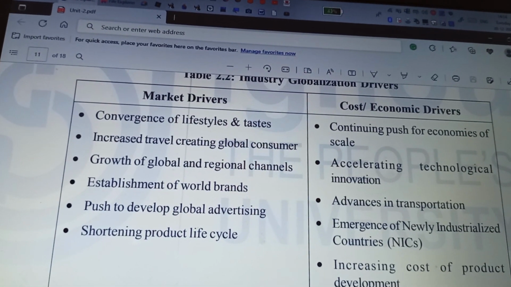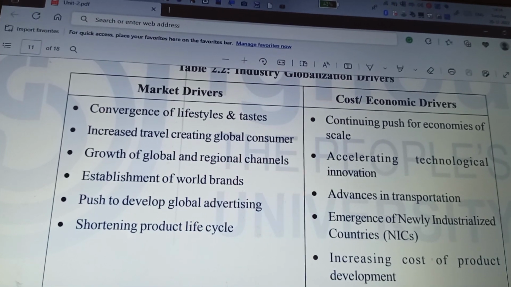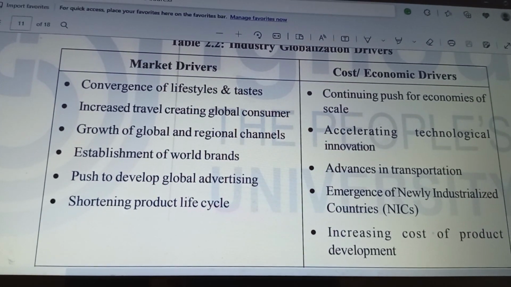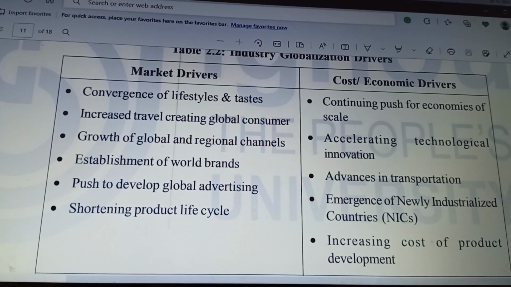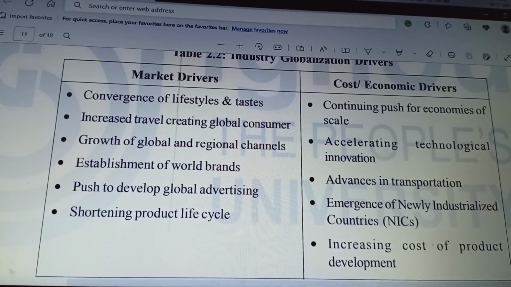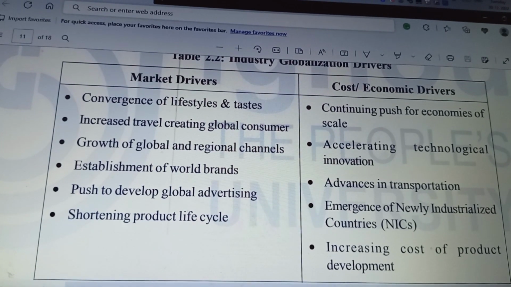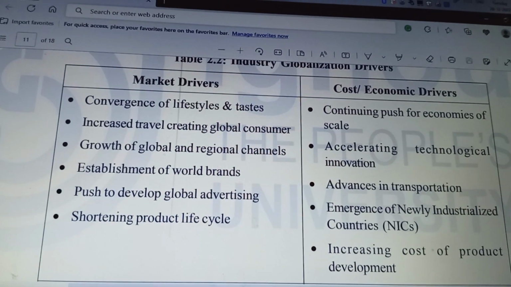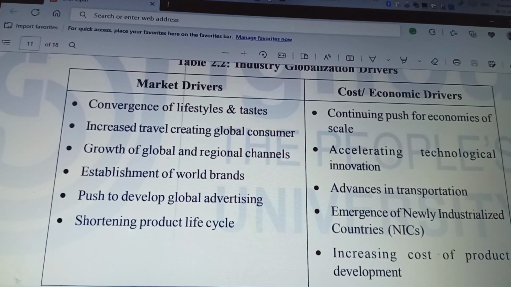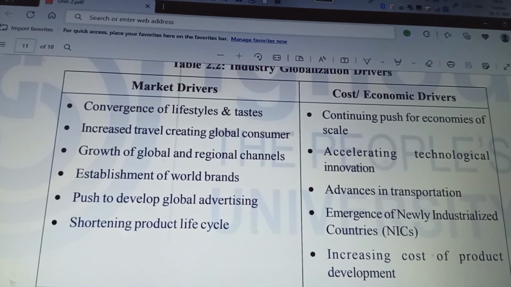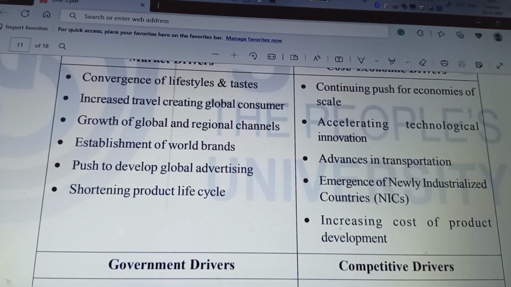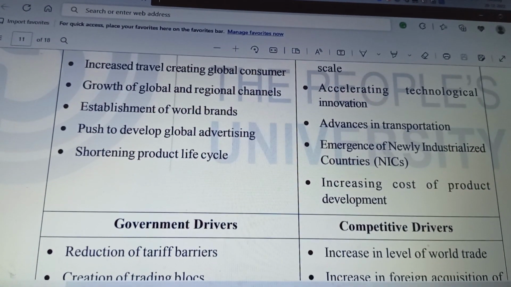In market drivers, growth of global and regional channels, and advances in transportation. In market drivers, establishment of world brands, push to develop global advertising, shortening product life cycle. Whereas in cost or economic drivers, emergence of newly industrialized countries, increasing cost of product development.